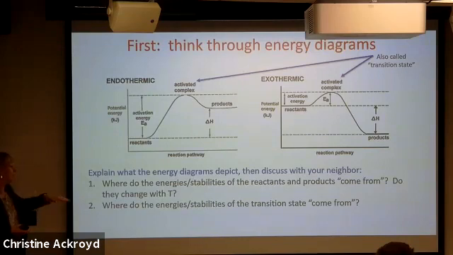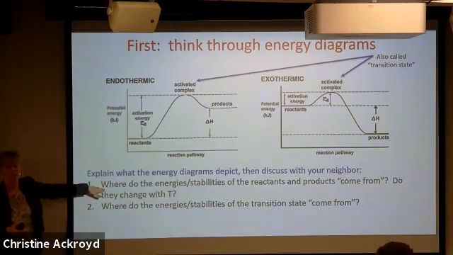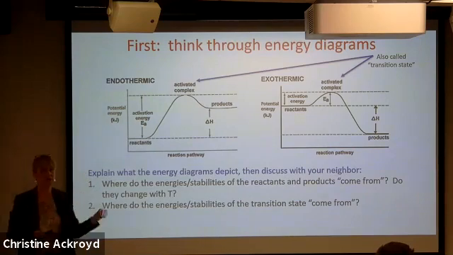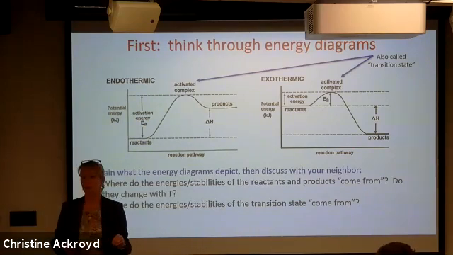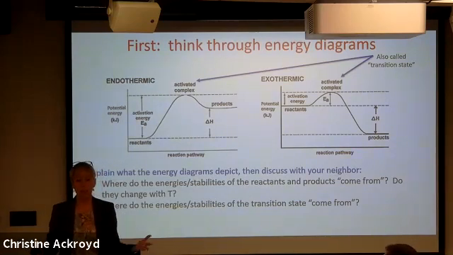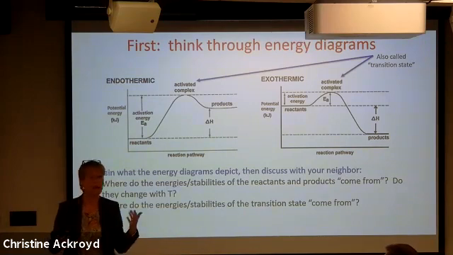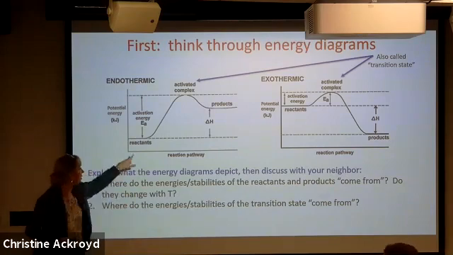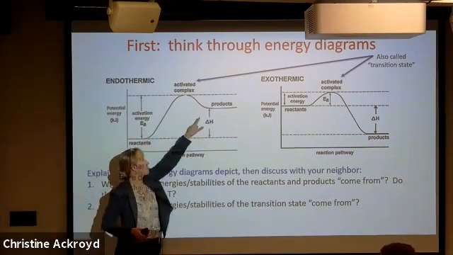Okay. So does that change with temperature? If the stabilities come from the structure, if we change the temperature, are we going to radically alter the structure? No. Okay, so temperature doesn't change the concentrations of starting materials and products.